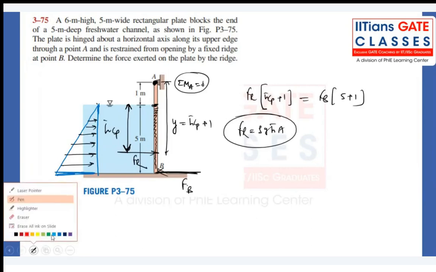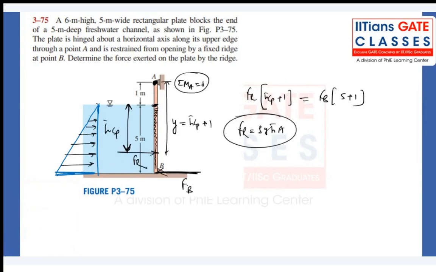This part of the total part is being surrounded, whatever area we are taking as 5 into 5, right? Not 6 into 5. So why would you take it as bd cubed by 12? That is 5 into 5 cubed by 12 only you will get.